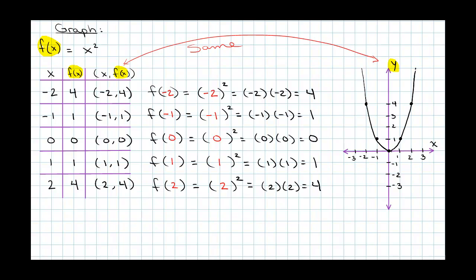And there is my sketch. I'm going to label each point because I like how it looks when I label each point.